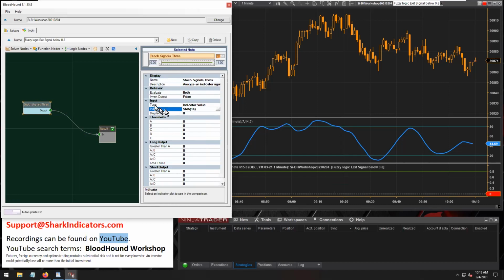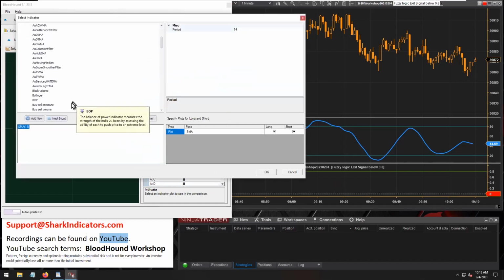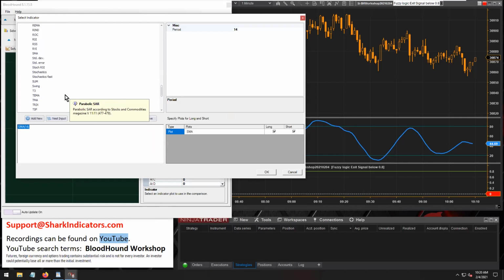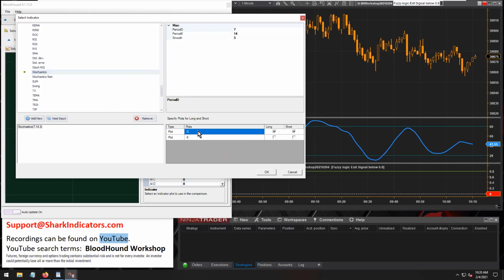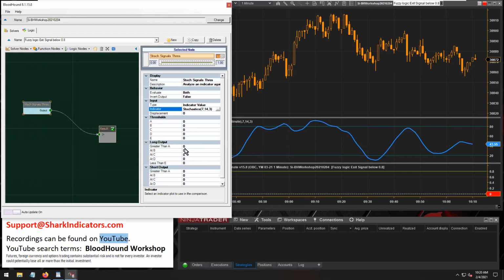All right, and for the input, let's plug in the stochastics indicator. All right, there's our stochastics. And I'm going to use the percent D plot there. Click OK.